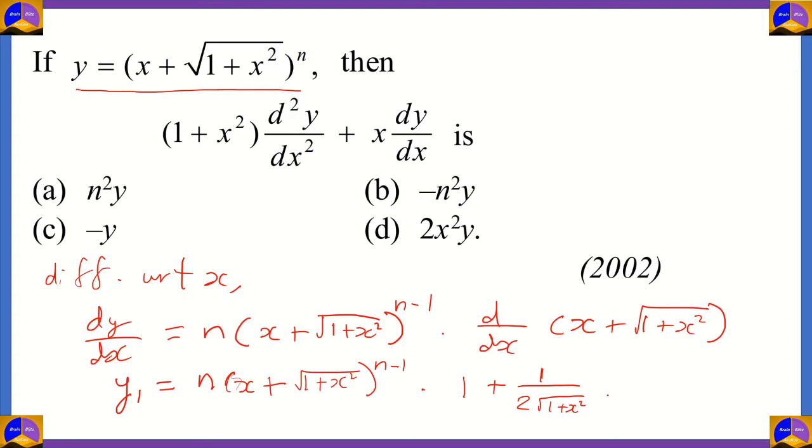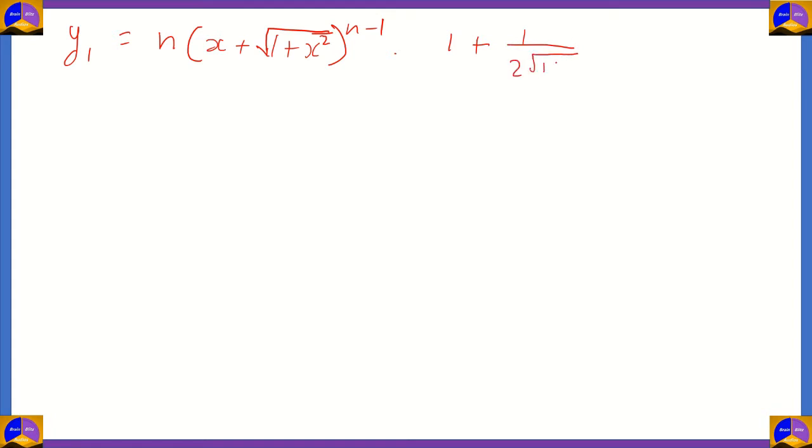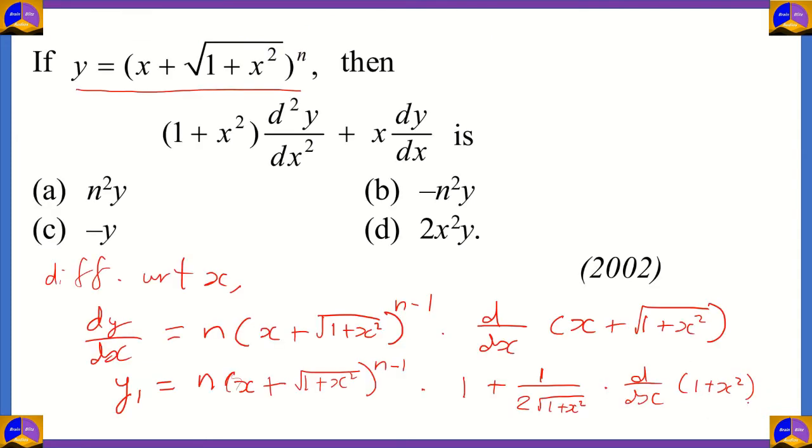plus x squared, and then you will differentiate whatever is inside the root, which in this case is 1 plus x squared. So we will be writing y1 equals n times (x plus under root of 1 plus x squared), and the bracket is raised to n minus 1 times 1 plus 1 by 2 into under root of 1 plus x squared, and over here you have d by dx of 1 plus x squared.